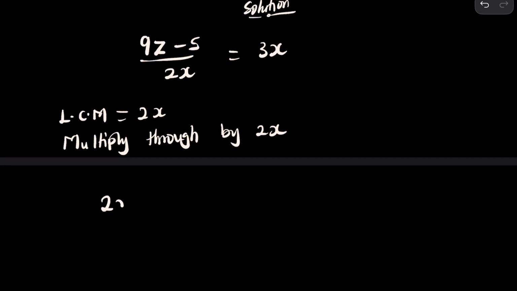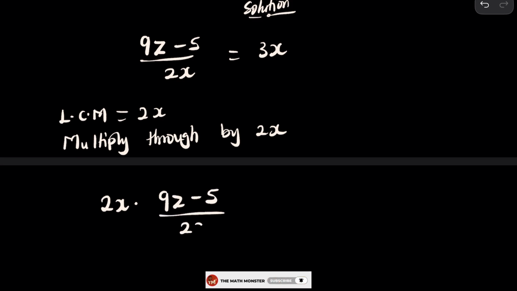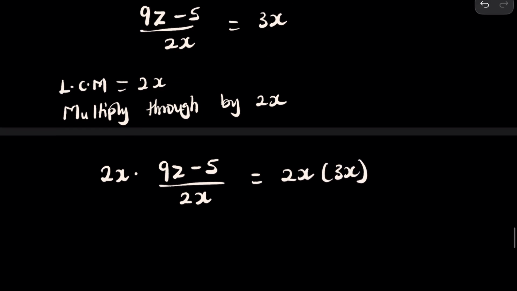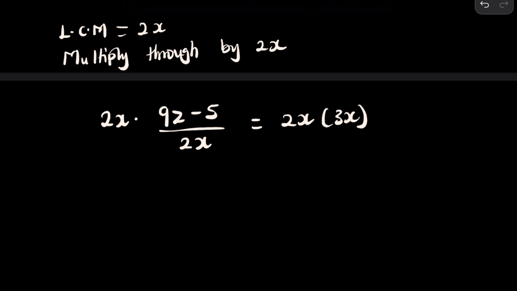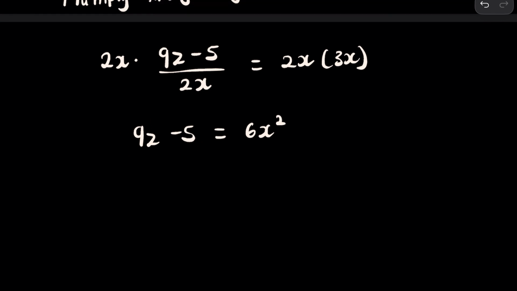And so we are going to have 2x multiplying (9z - 5) divided by 2x is equal to 2x multiplying 3x. 2x is going to cancel out 2x, so we are going to have 9z - 5 is equal to 2x times 3x. 2 times 3 is equal to 6. x times x is equal to x squared, so we are going to have 6x squared. This equation is equal to 6x squared = 9z - 5, right?